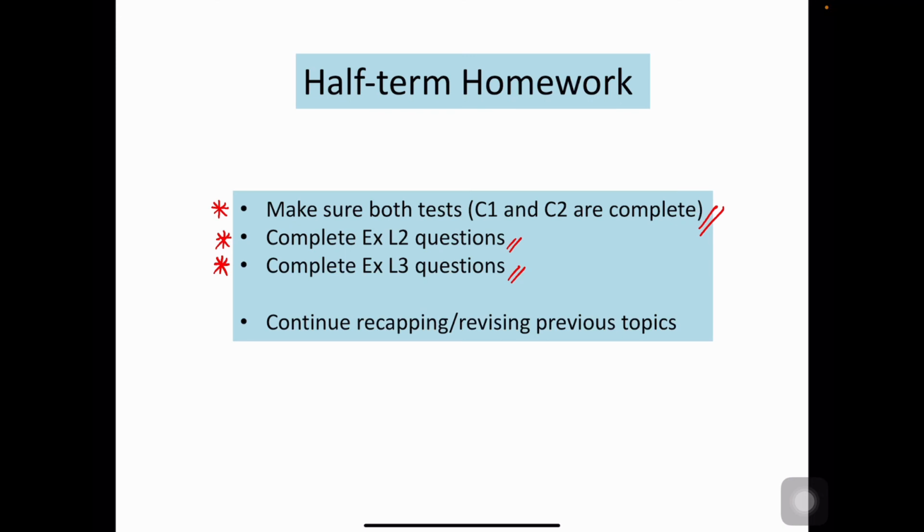So that's the rationale behind me wanting to delay the setting of the topic assessment and wanting you to do as much practice as possible on this topic.